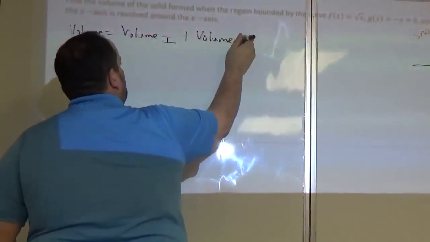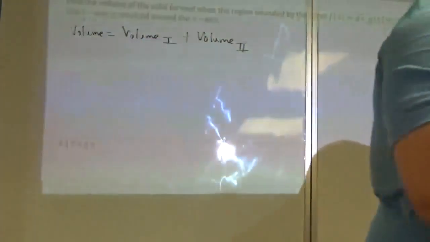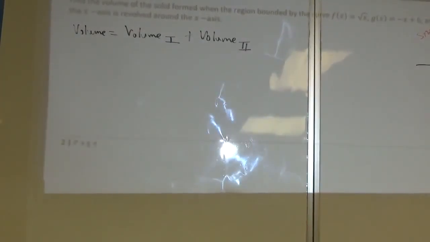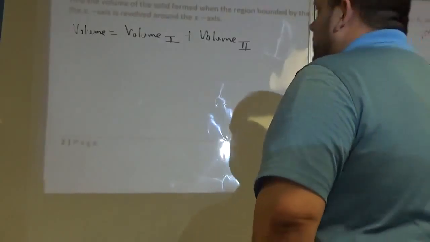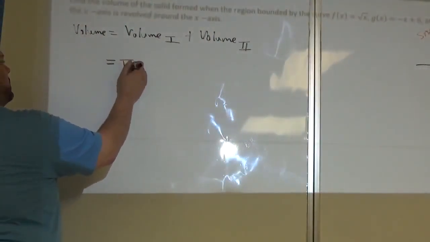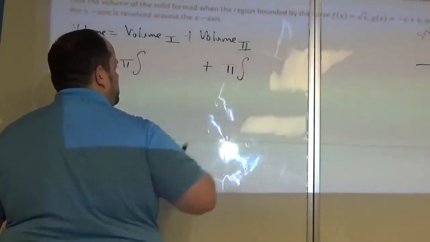F of x squared is f of x squared. Oh, I love that all the right conversations are happening. No calculator. I have high expectations. So how do I find the intersection? Great question. How do you find the intersection?